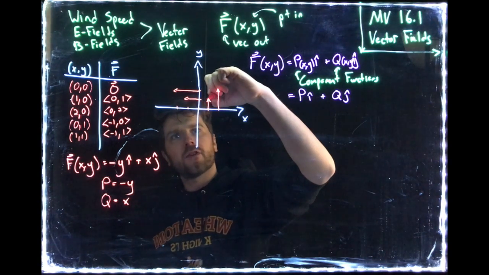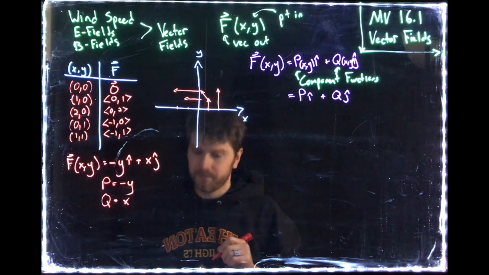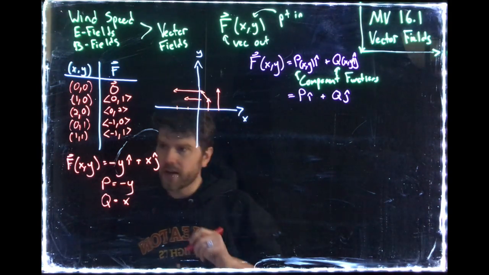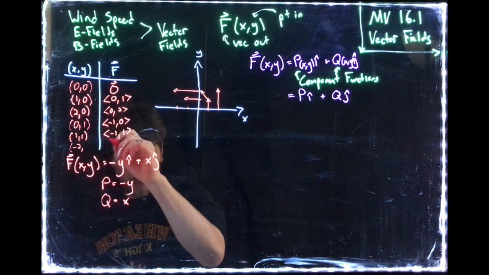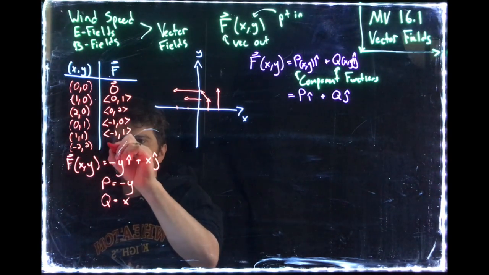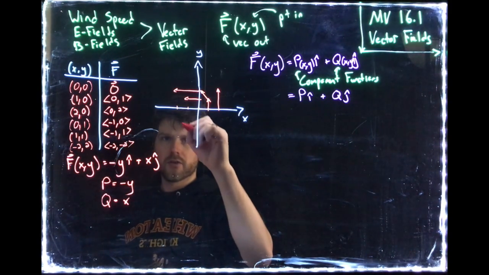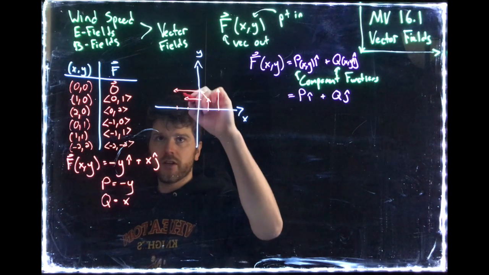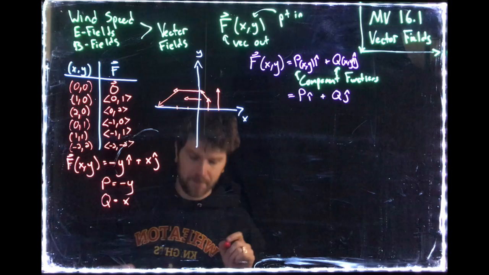So that's going to be a vector like this. And if I try, say, negative 2, 2, I will actually get the vector negative 2, negative 2. So I come over here, and I get a vector that points that way.